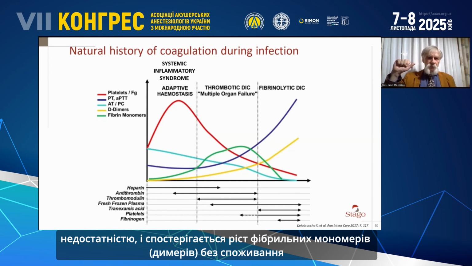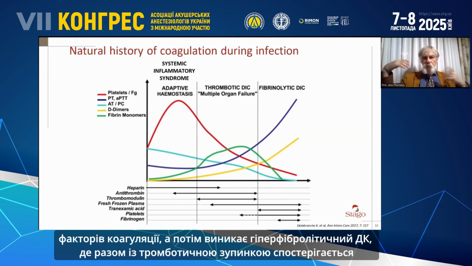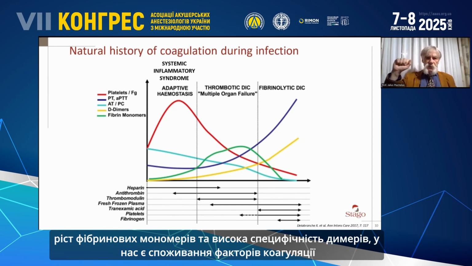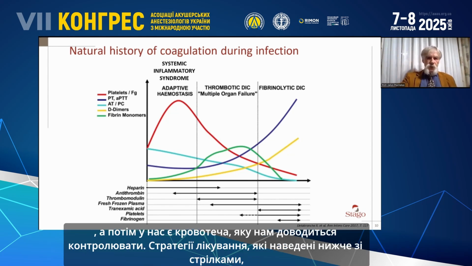There you have growth of fibrin monomers and D-dimers without consumption of coagulation factors. And then you have hyperfibrinolytic DIC, where along with thrombotic arrest and growth of fibrin monomers and high specificity D-dimers, we have consumption of coagulation factors, and then we have bleeding, which we have to manage.